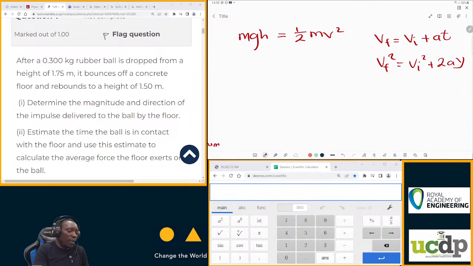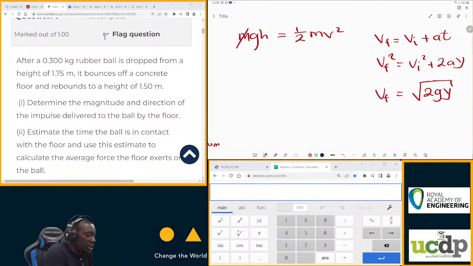You can say a y, where a is the acceleration due to gravity and y is the distance traversed, which is 1.75 meters. Your Vi is 0, so you have Vf equals root of 2ay, the acceleration due to gravity times the height.